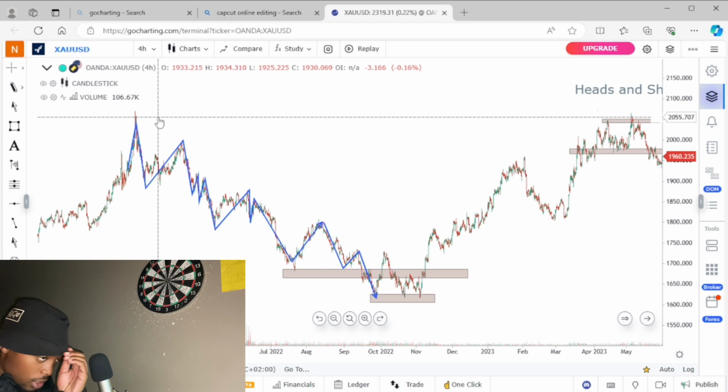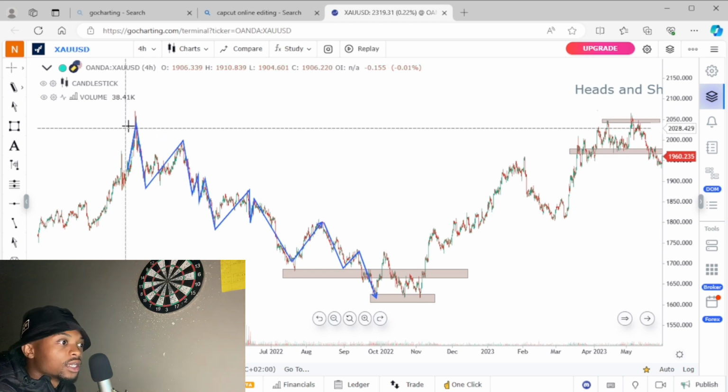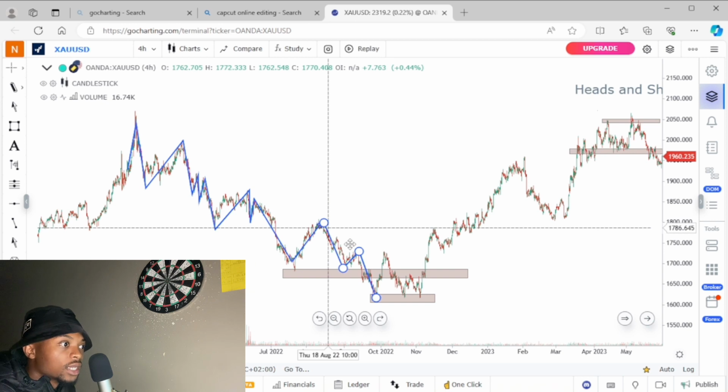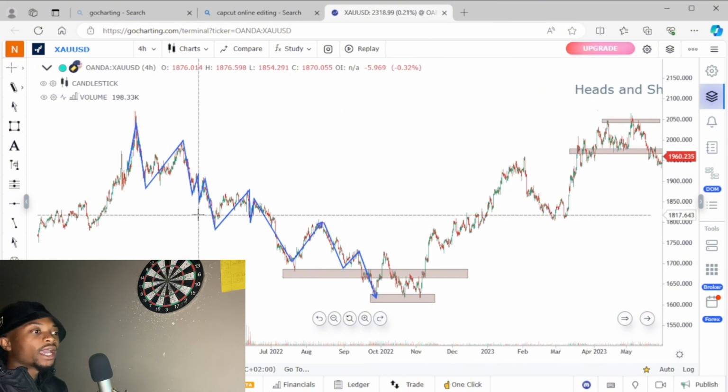So right here, we have ourselves these lower highs. This high is lower than this one. This high is lower than this one. This high is lower than this one. You get what I'm saying? Same as we had in the first pattern that we analyzed, right? So now we know that we have ourselves a downtrend.